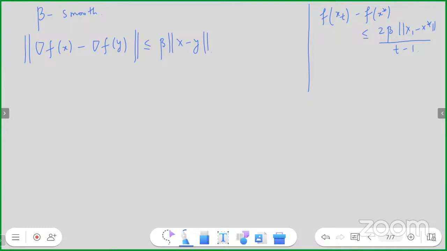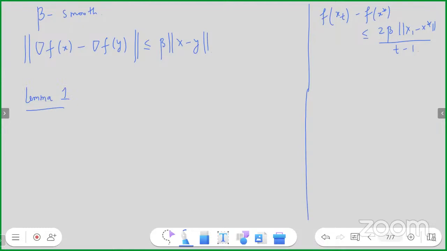And the key ingredient we really used to prove this was the following. Let me say, we'll write lemma 1 and lemma 2.